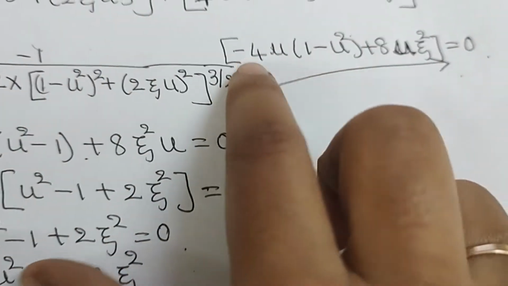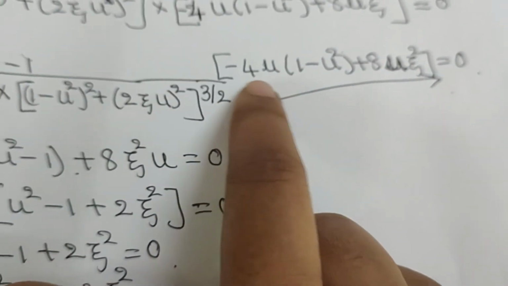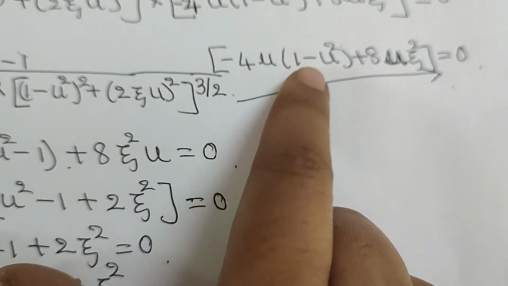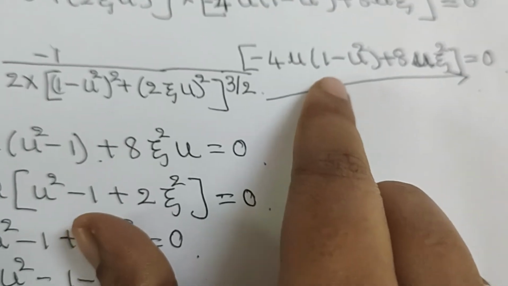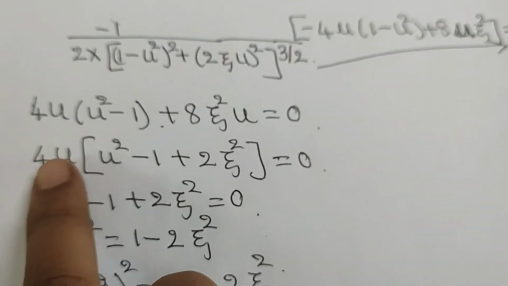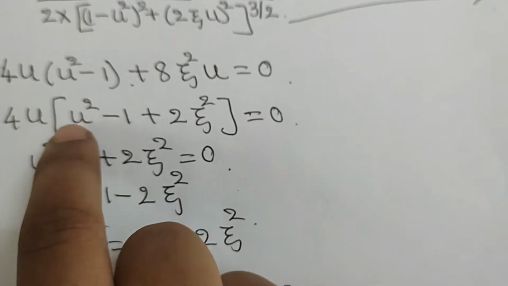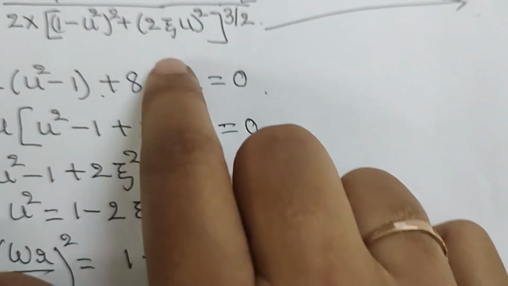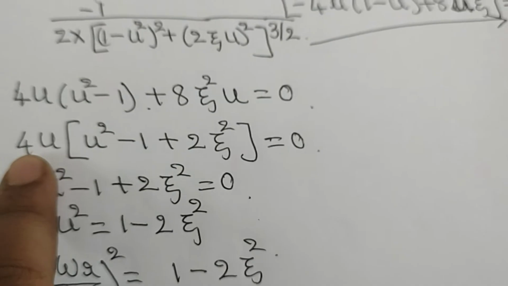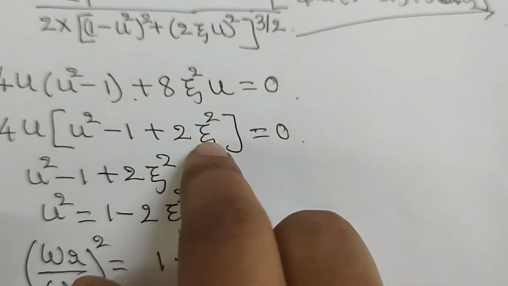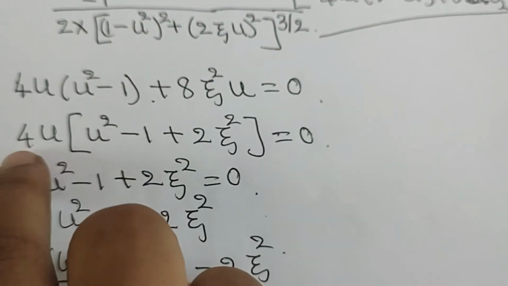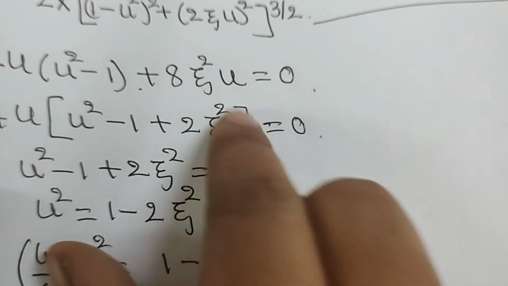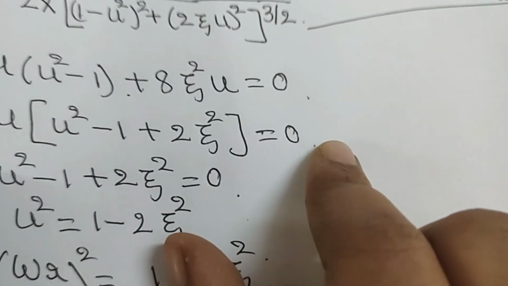Because minus 4 is there, so instead of writing minus we can write u square minus 1, or if you multiply also you will get the same value. So 4u into (u square minus 1) plus 8 zeta square u. When we take 4u as common, you will get 2 zeta square. So 4u times (u square minus 1 plus 2 zeta square) equals 0.